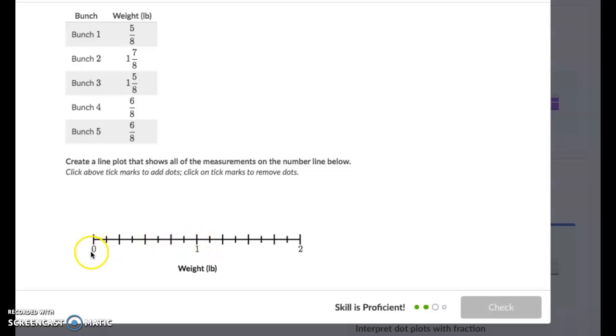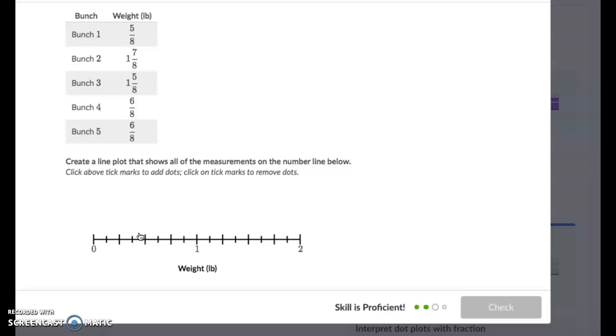So here's my 0 and here's my 1. You can go in between any two whole numbers. I'm going to count my spaces. 1, 2, 3, 4, 5, 6, 7, 8. That means it's broken up into eighths. That means each hash mark here means 1/8.